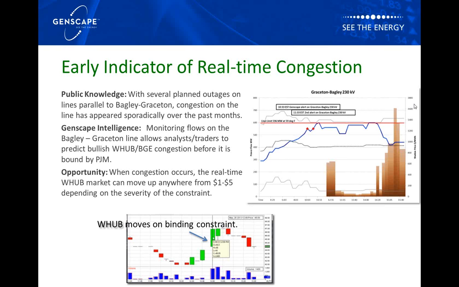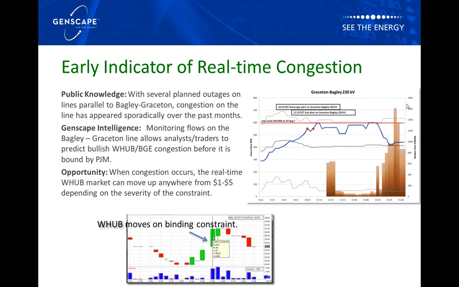And so in the scenario that we have identified here, you can see at a specific point on the upper right-hand corner, Bagley to Grayson gets to a certain point where those red dots are, and the congestion occurred, and the West Hub ended up trading up by $1 to $5.